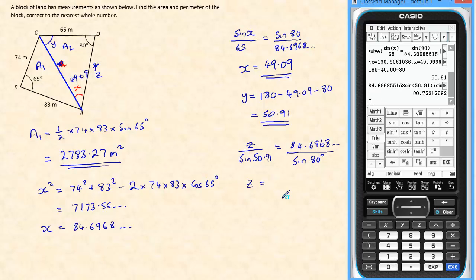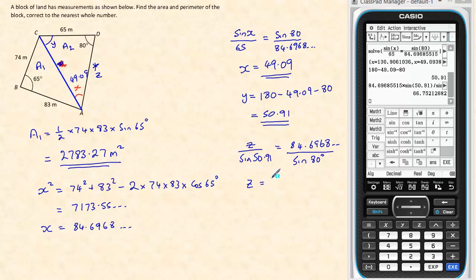And that gives me 66.75. So this side here is 66.75 meters.